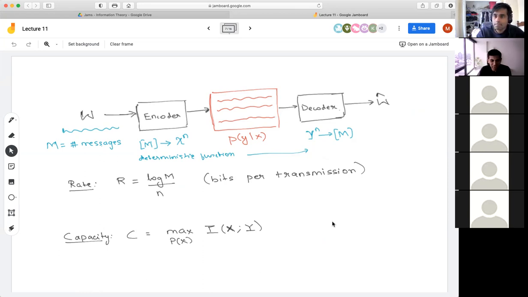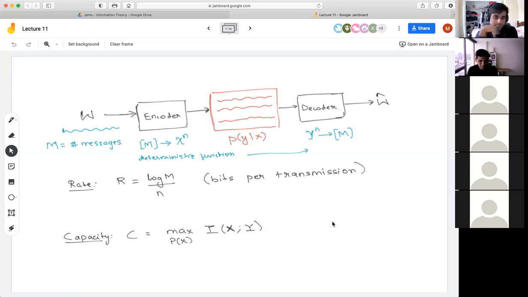A couple of important quantities that will play a role in the initial discussion today is what is called the rate of communication, which is per channel use, or per symbol that I transmitted, how many bits of information did I actually send you?